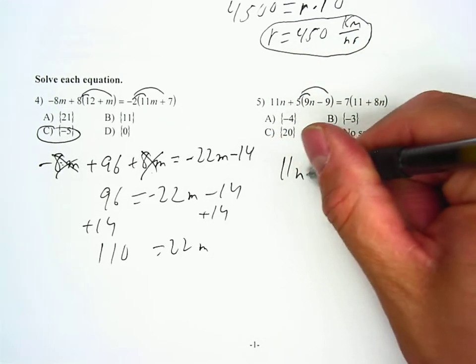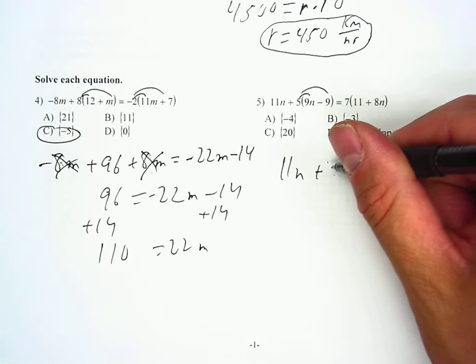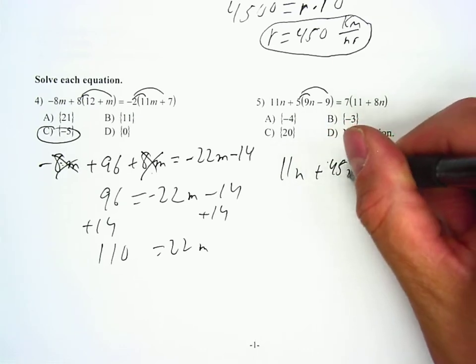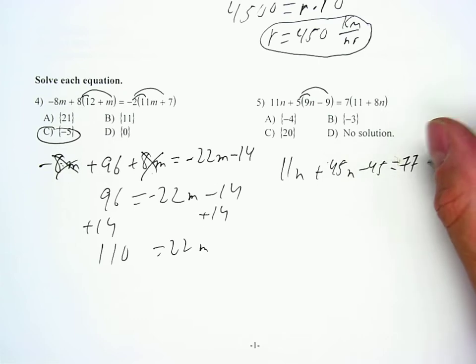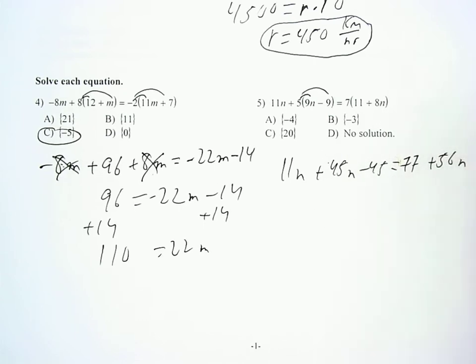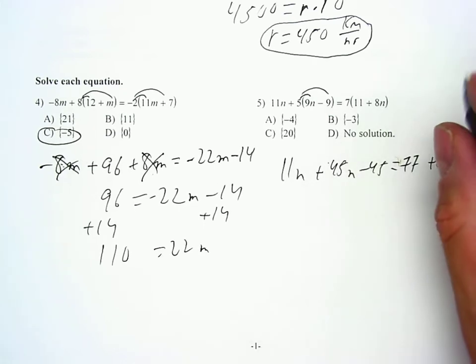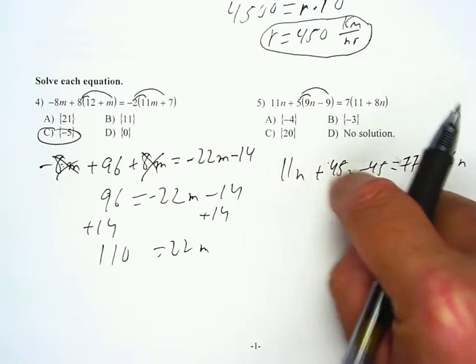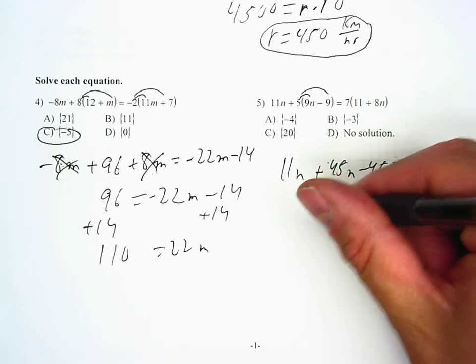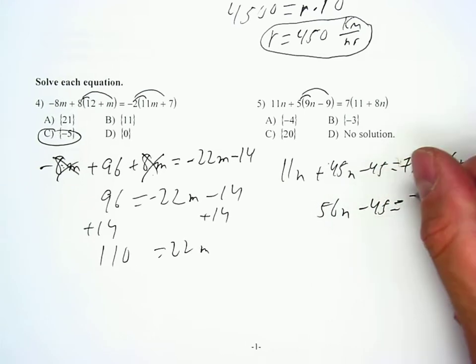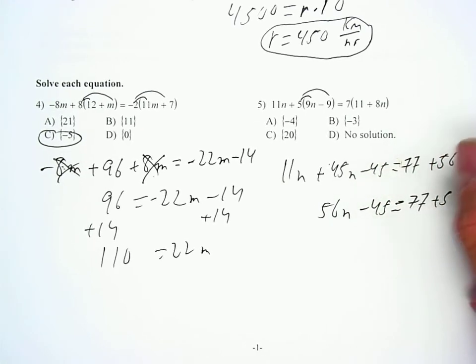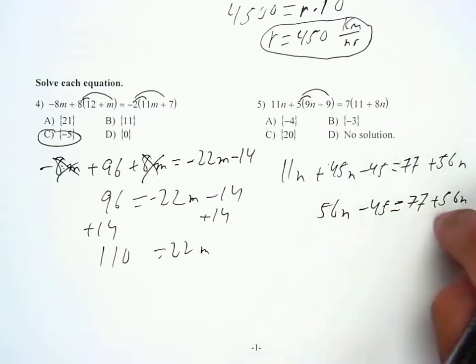All right, next question, question 5. We have 11n plus 45n minus 45 equals 77 plus 56n. All right, so now we're going to take these two and add them together, and that's going to yield 56n minus 45 equals 77 plus 56n. Notice that it's the same on both sides of the variable here.